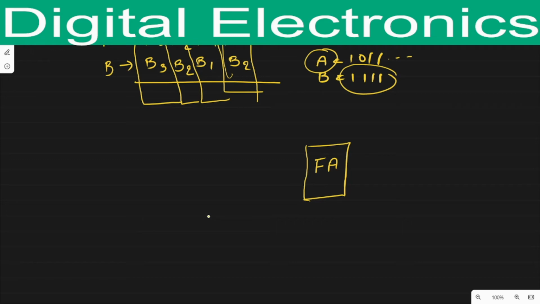This one is the first full adder, which I am calling F0. Its input bits will be B0 and A0, and accordingly it will provide output S0.